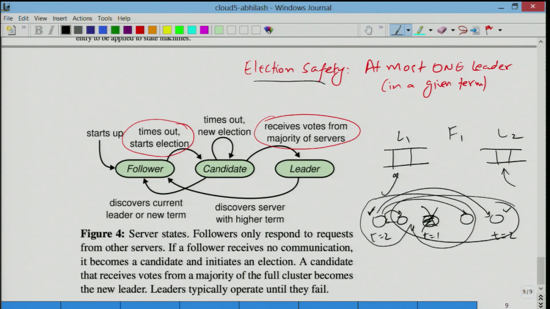So if I get a request vote RPC from you first, I'll just give a vote to you. And the node gives itself a vote as soon as it becomes candidate. So what if we have two followers, the leader has crashed, and F1 gives a vote to F2, and F2 gives a vote to F1? Everyone gives a vote to themselves as soon as they become a candidate.